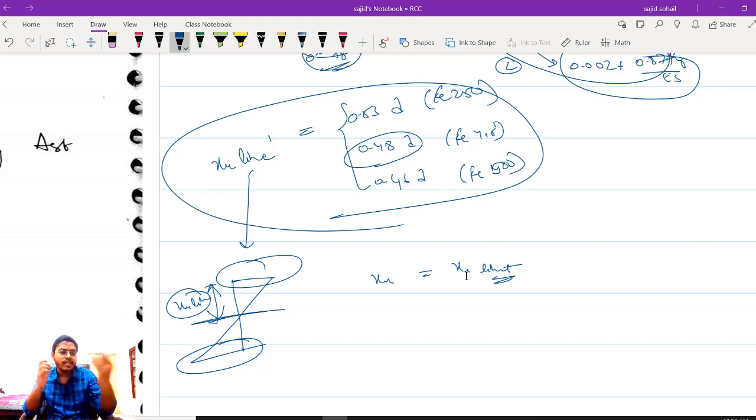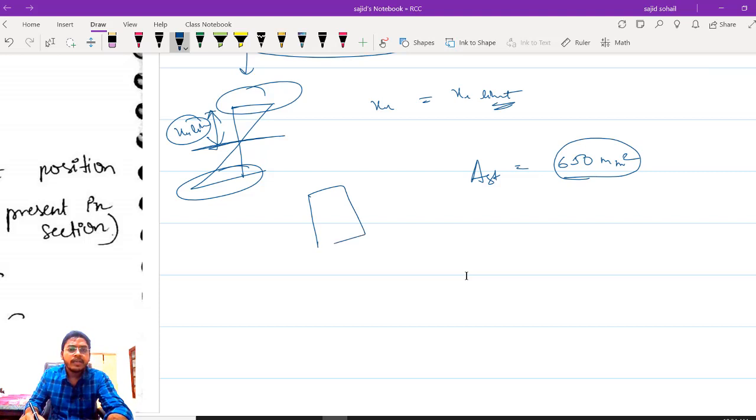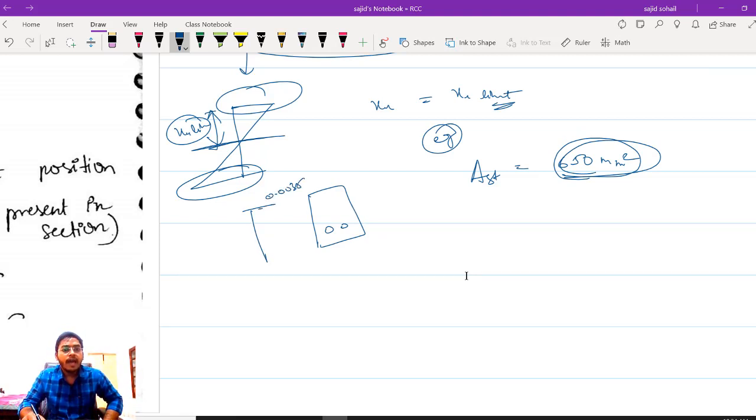Now let us try to understand what is under reinforced and what is over reinforced. So let us say in balanced section my Ast came to be, let us take some 650 mm square. अगर आप इतना steel provide करते हो in my body, I am just giving you a rough number just for example, then I will be getting this 0.0035, and simultaneously I am also getting the minimum strain, 0.002 plus 0.87 fy by Es.